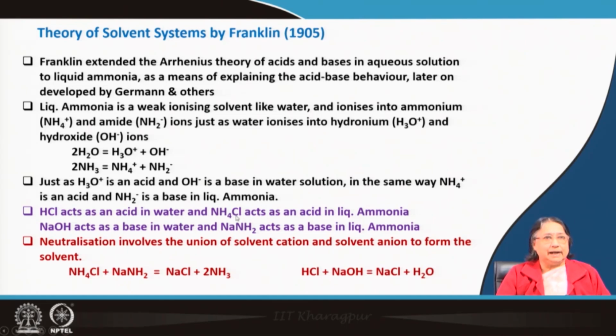If we extend this in terms of the acid base reaction, in aqueous condition HCl and NaOH give salt and water. Similarly, ammonium chloride and sodium amide give NaCl and NH3. So, these types of reactions could be explained by Franklin very nicely.